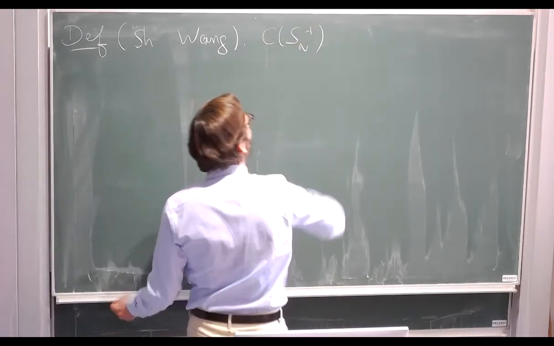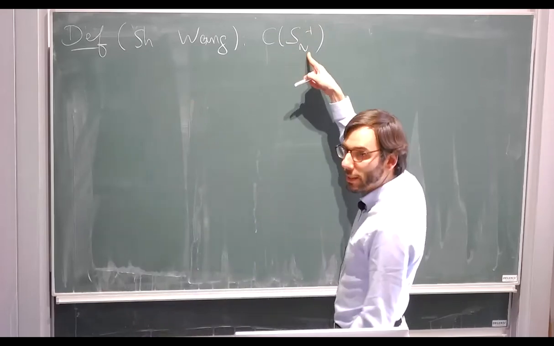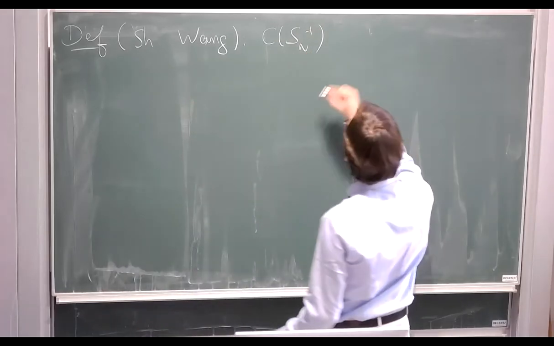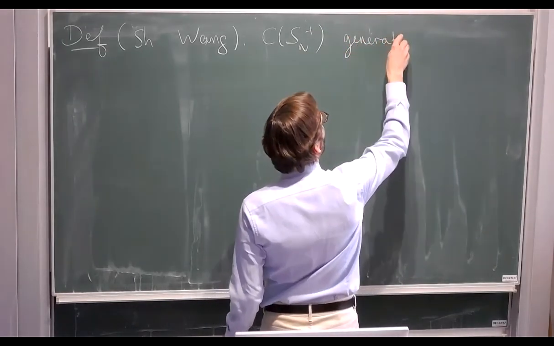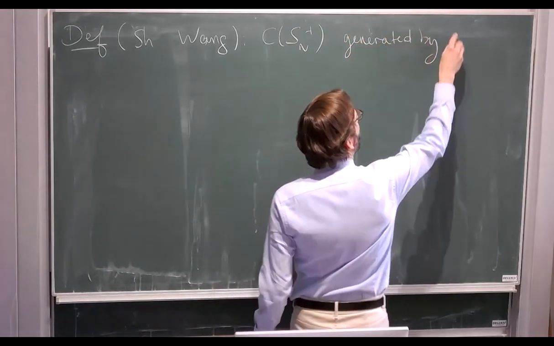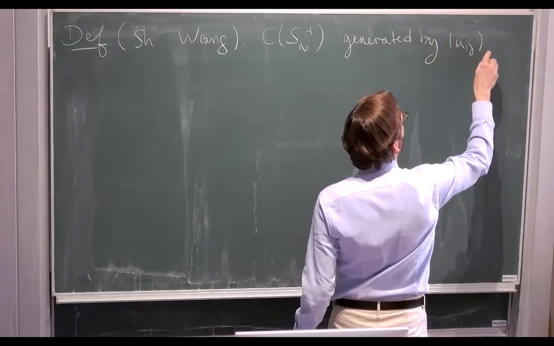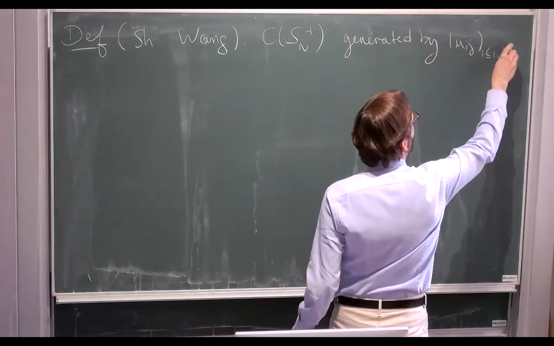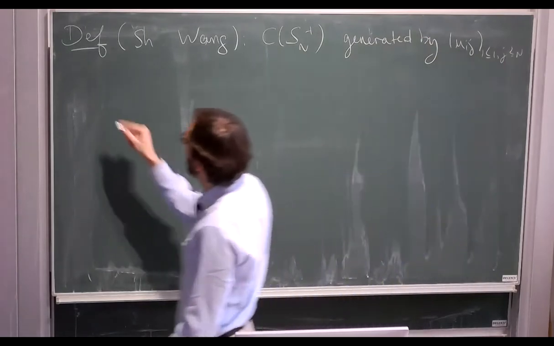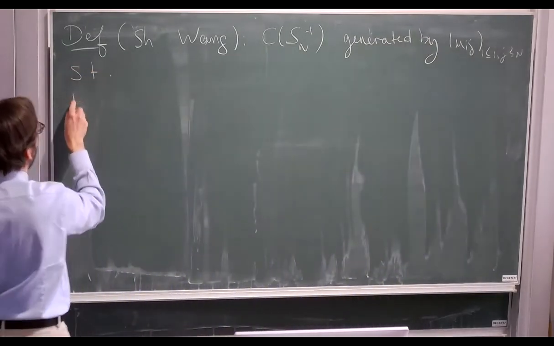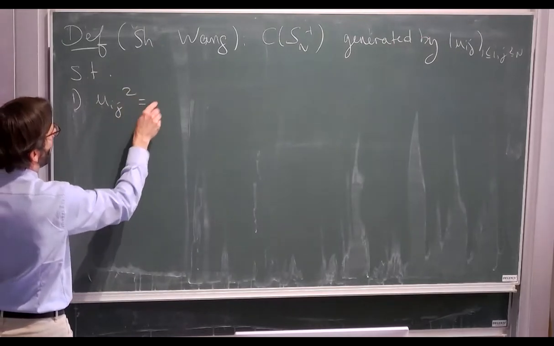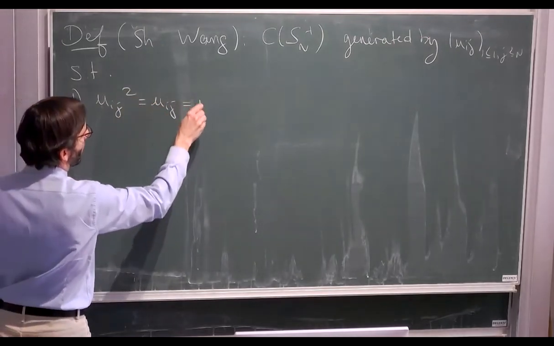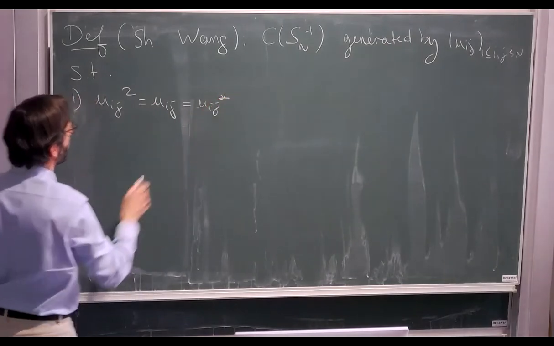The quantum group he found is defined in the following way. The quantum group itself will be called S n plus. And the algebra is the universal C*-algebra generated by elements uij, such that first the uij's are projections, and they are even orthogonal projections.